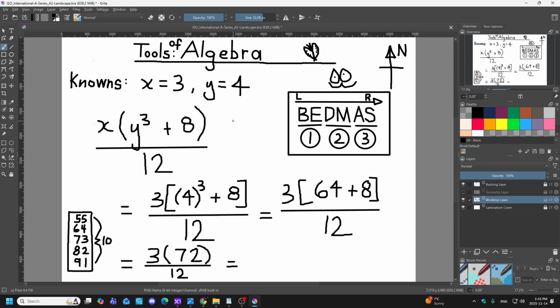How many times does 12 go into 72? Let's try 5. 5 times 2 is 10. Carry the 1, that's 6. So that's 16. Not enough. 12 times 6. 6 times 2 is 12. Carry the 1. 6 plus 1 is 7. There we go. 12 times 6 is 72.